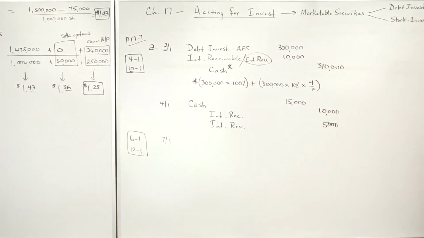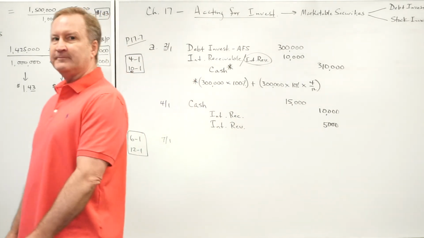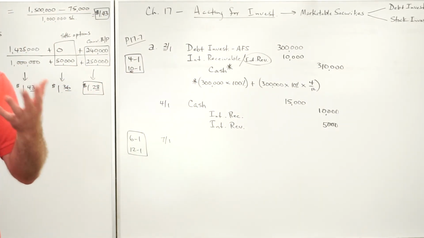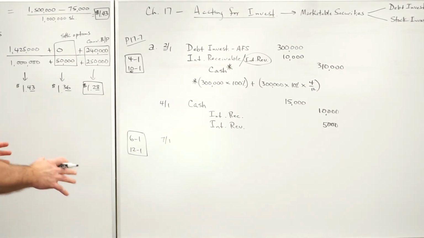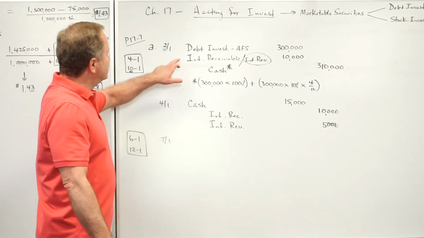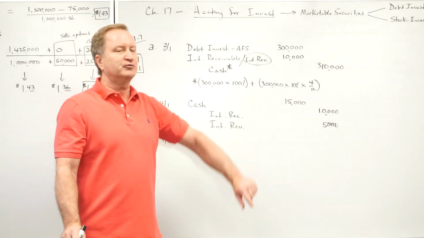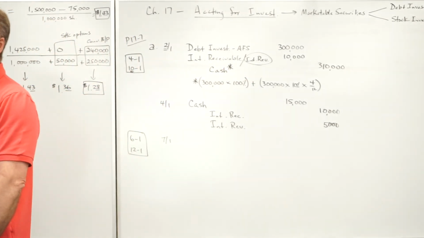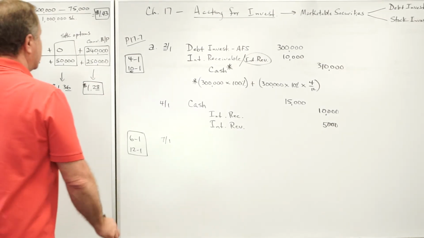And these bonds have a face of 200,000. Now you tell me, since these were also issued between interest payment dates, which of these do you prefer to do? Debit interest receivable or debit interest revenue? Receivable. You like interest receivable better? Okay, well that's what we'll do.